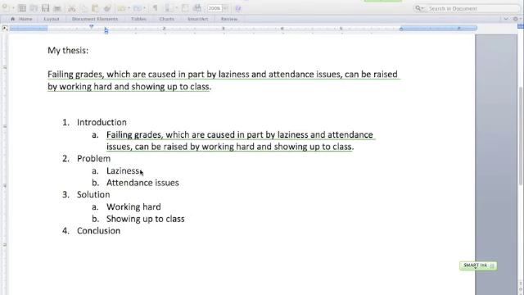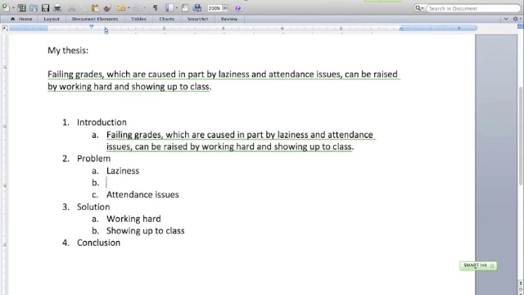Now, the third level, you guys remember the question that I told you to ask yourselves? The question was, okay, how is the second level a problem or solution? So let's look, for example, at laziness right here. We have to ask ourselves, how is laziness a problem?